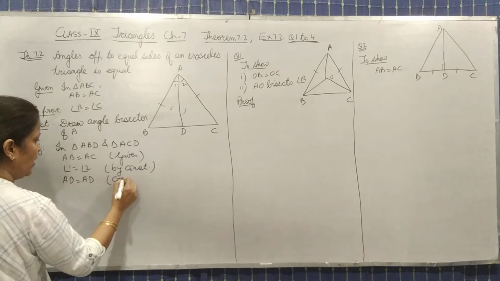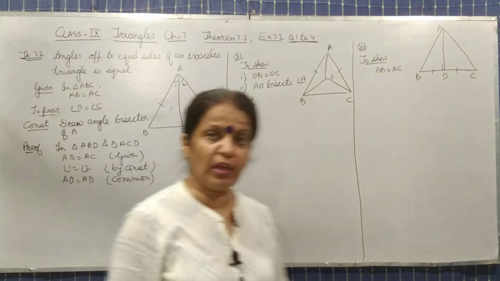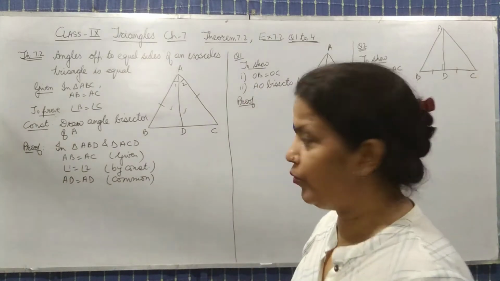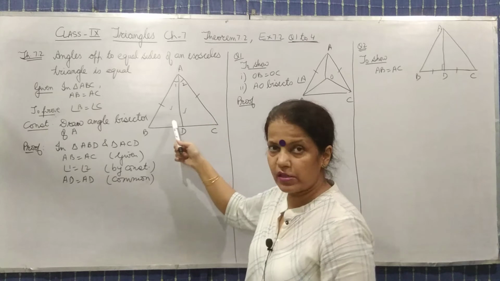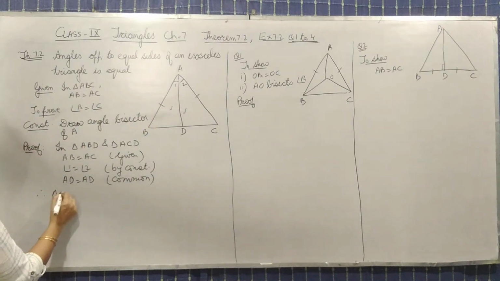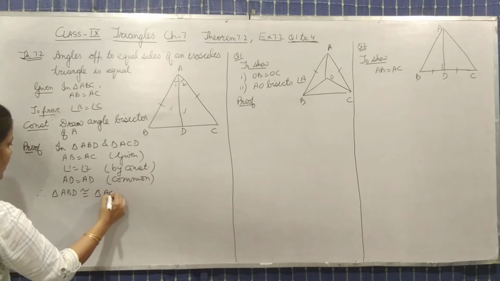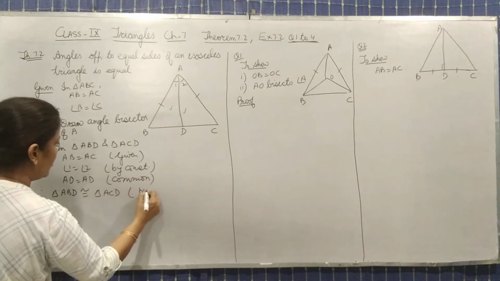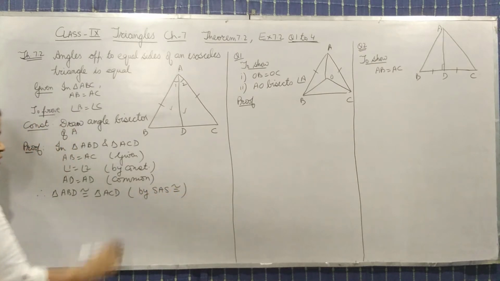So AD equals AD. Can you tell me which congruency we will use here? Side, angle, side. Therefore, triangle ABD is congruent to triangle ACD by SAS congruency. Don't forget to write the congruency.